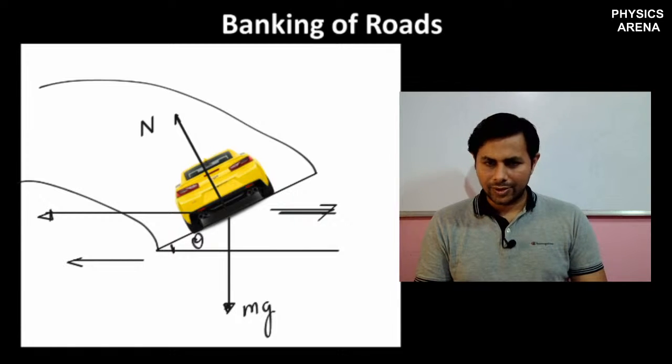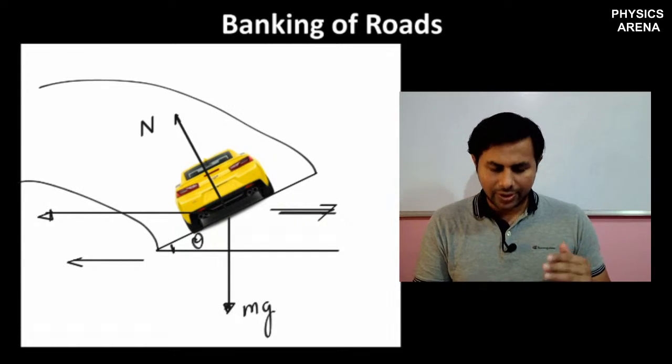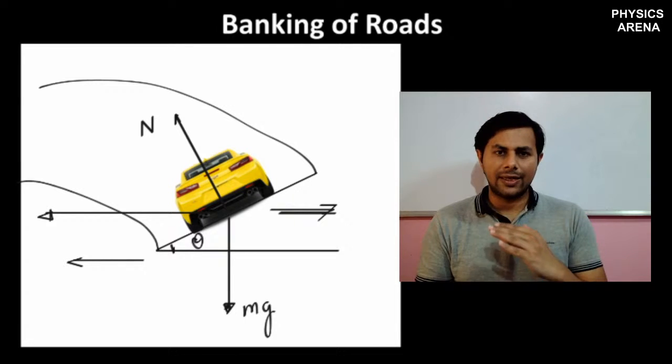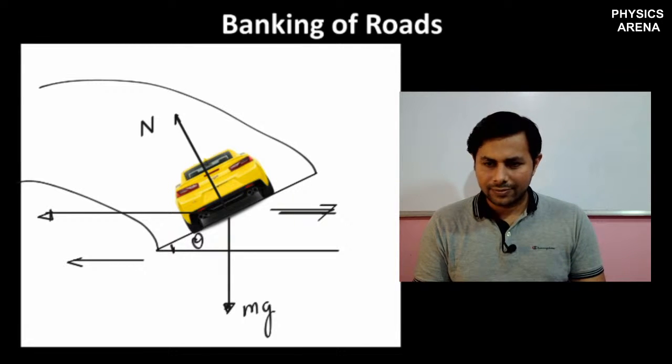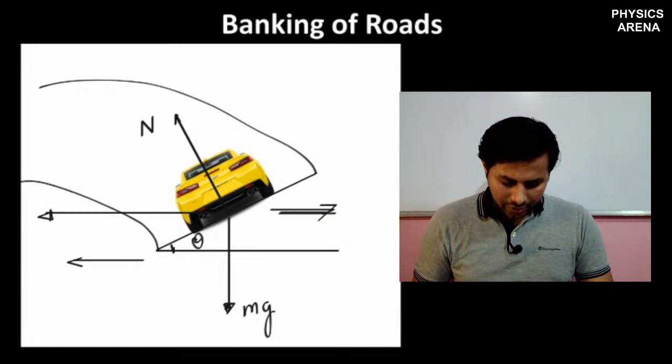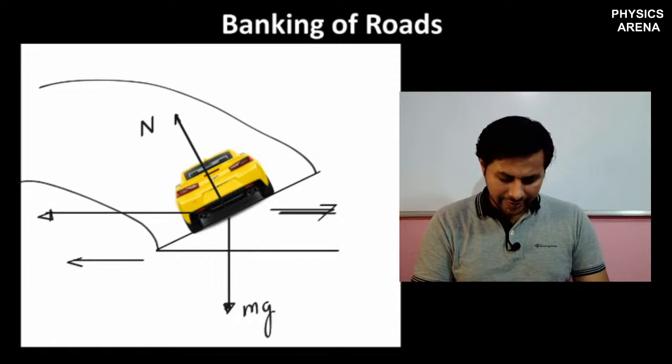Okay, good. So is this understood now that it will skid up the incline? So in what direction the frictional force will act then?